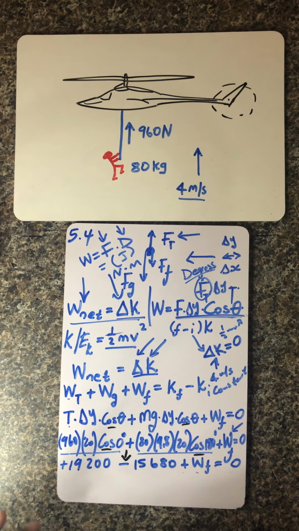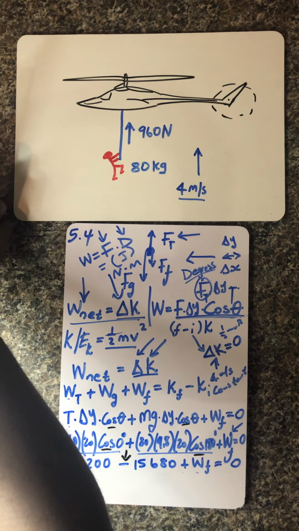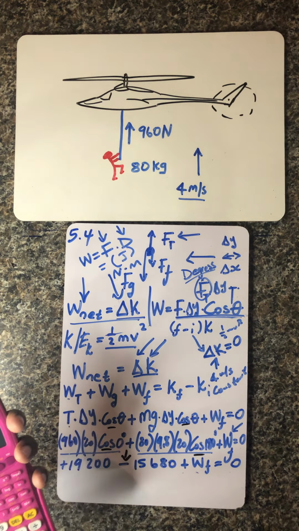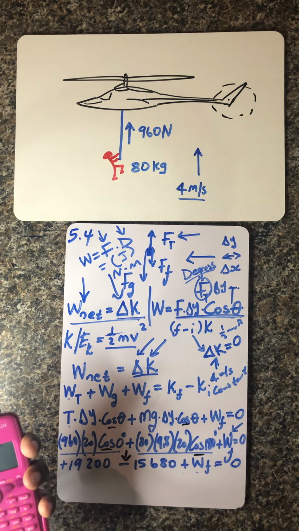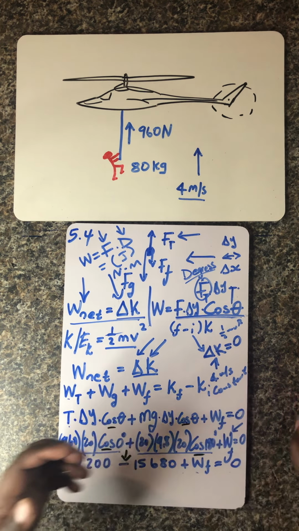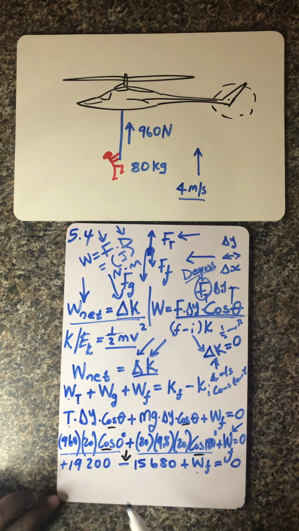So, ladies and gentlemen, what you do now is just to say 19,200 minus 15,680. I'm sure some of you have calculated and you're done already. 19,200 minus 15,680, you get 3,520.